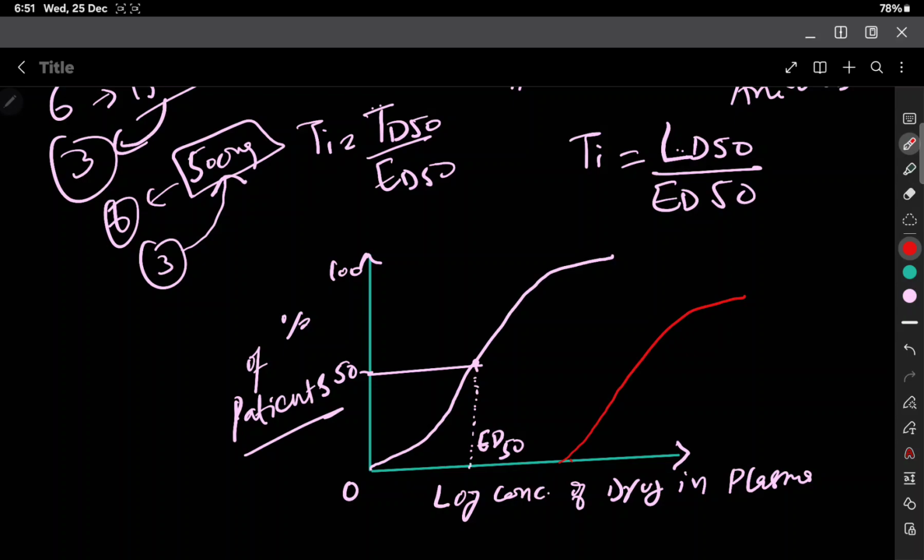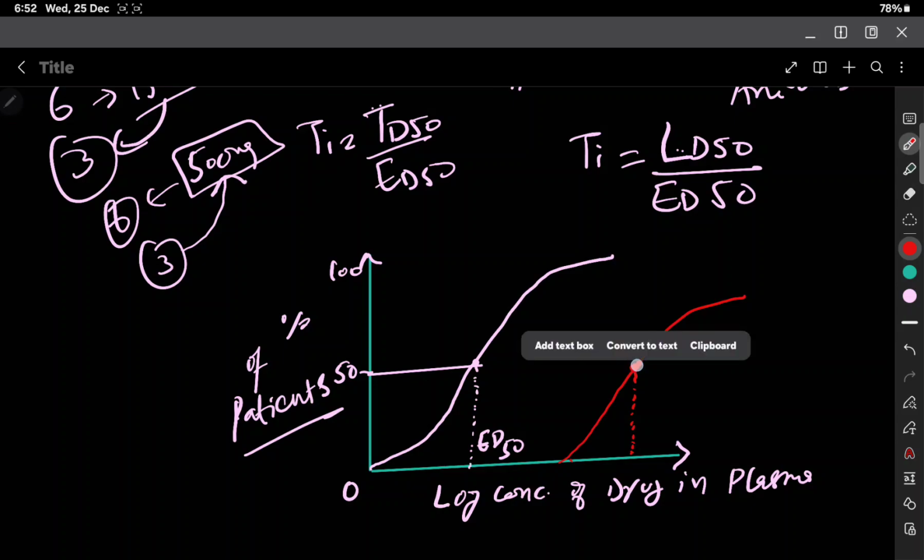This is the second graph. At this point, for example, 50% of the population is showing the effect, because we are increasing the dose, the log concentration of drug in plasma. So when the log concentration of drug in plasma increases, at some point of time it will show its toxic effect, or toxic dose.